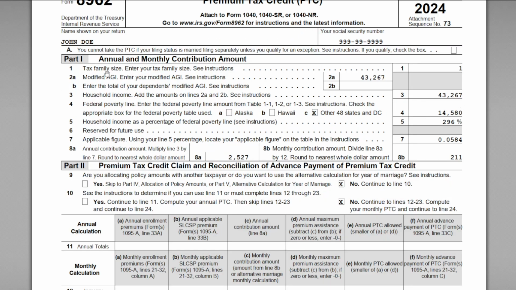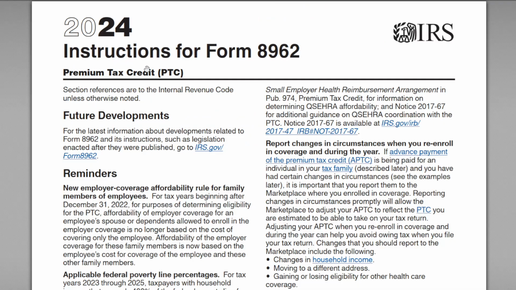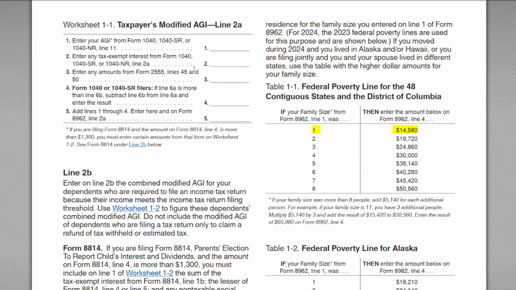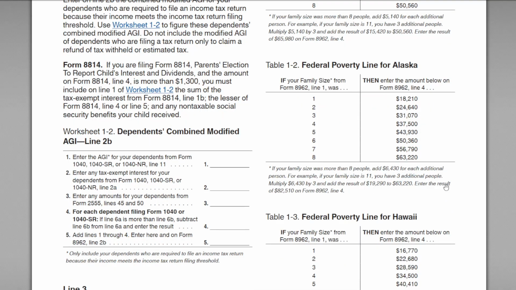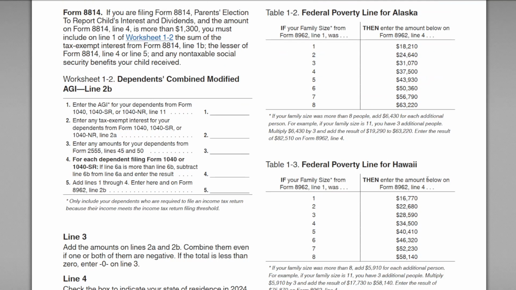All right, so where do we find this figure? Well, you can find that in the form instructions. I've already got it bookmarked here, so we'll jump down to the federal poverty lines. We can see here, family size of 1, I've highlighted 1. And 14,580 is the federal poverty line for John, given that he is living and working in Florida. There are separate tables for Alaska and Hawaii, right? So if you're a resident and working in those states, and that's where you signed up for your plan, then you would use these tables instead.